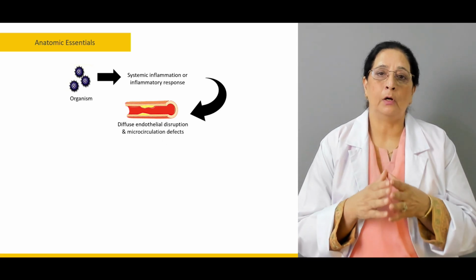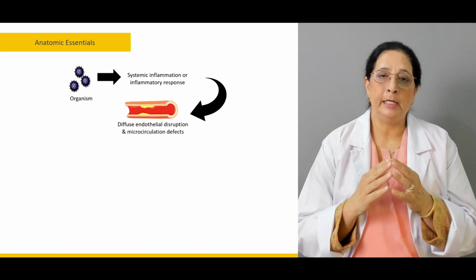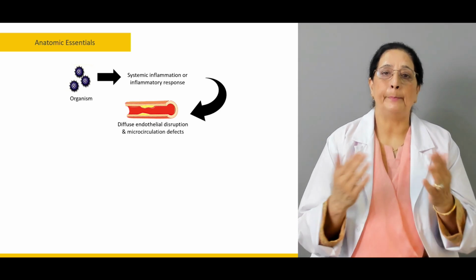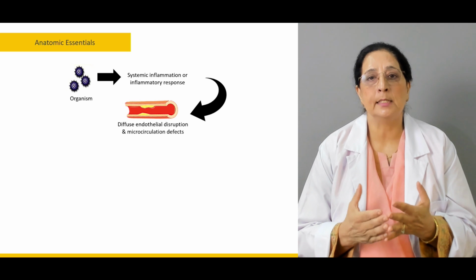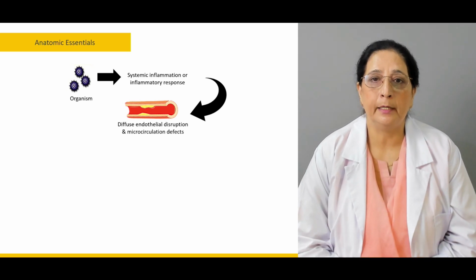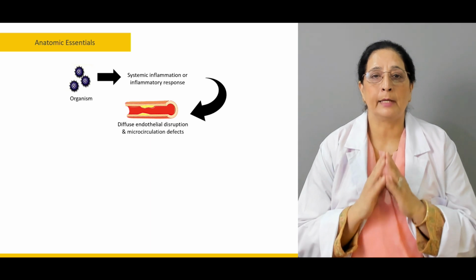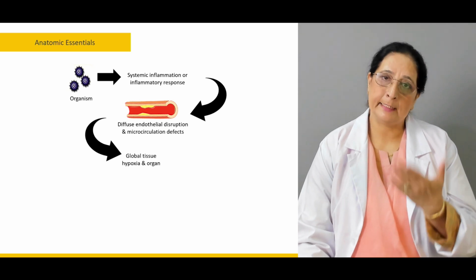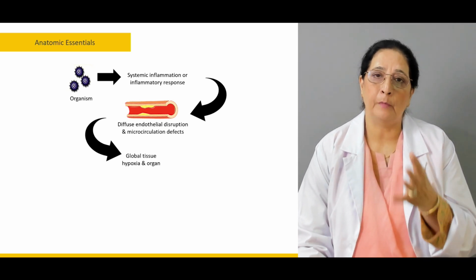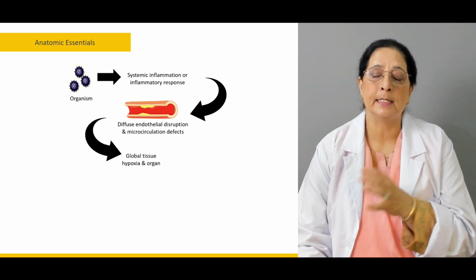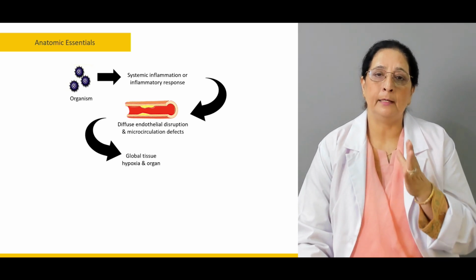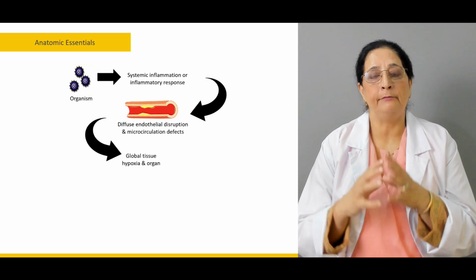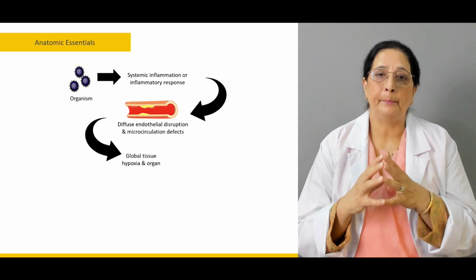So as a result of sepsis, the endothelial lining of the microcirculation, which is the capillaries and small blood vessels, is destroyed. Next, after the damage of the endothelial lining of the small blood vessels and capillaries, we know that gas exchange takes place in the alveoli by the capillaries.